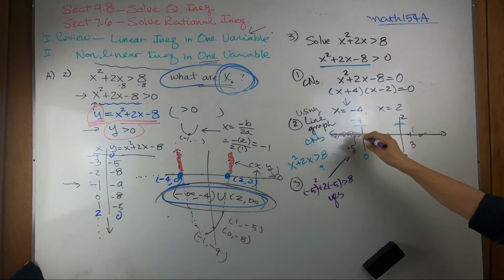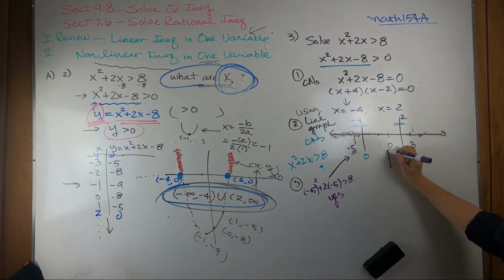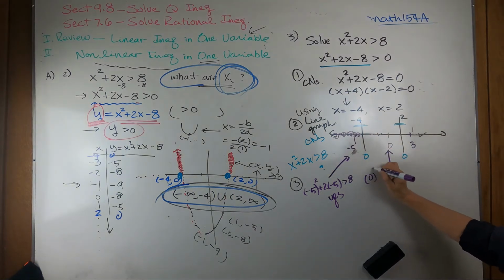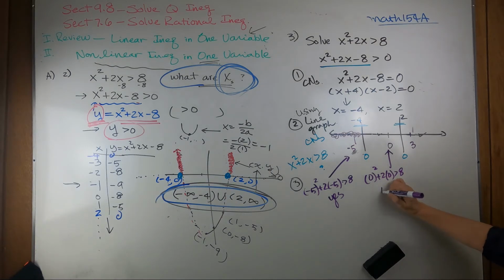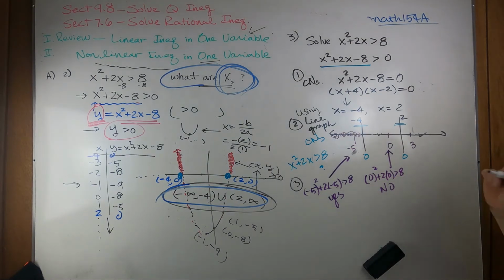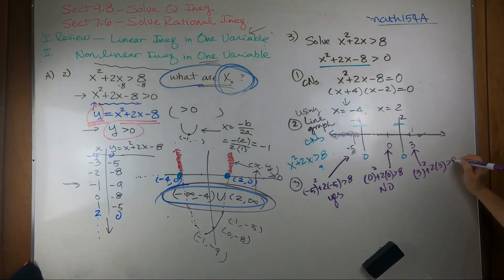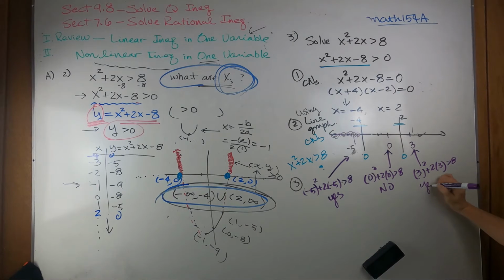So all this part will work. How about 0? 0 squared plus 2 times 0 bigger than 8? No, that's 0. How about 3? 3 squared plus 2 times 3, bigger than 8? Yes.